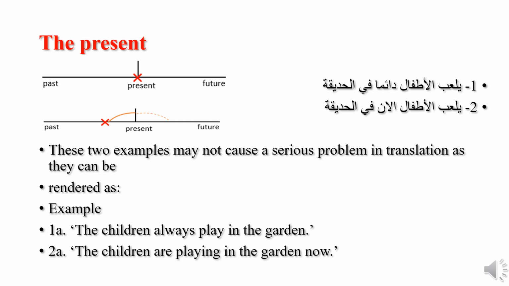While the second sentence and the second timeline chart refers to the present continuous, and you can see the difference by the duration and the starting point of the action. The second timeline chart represents the sentence, "The children are playing in the garden now."